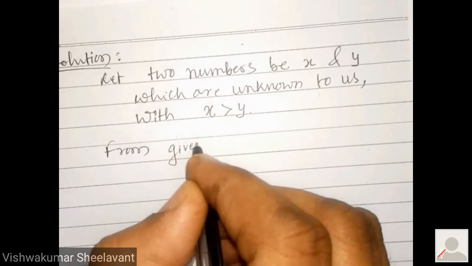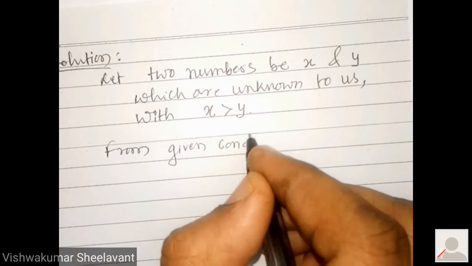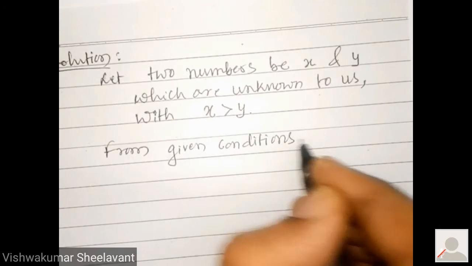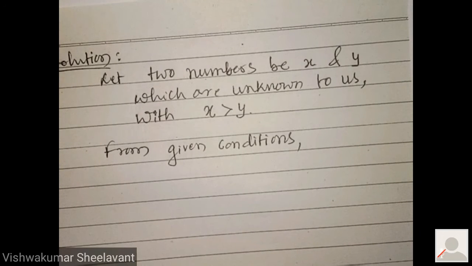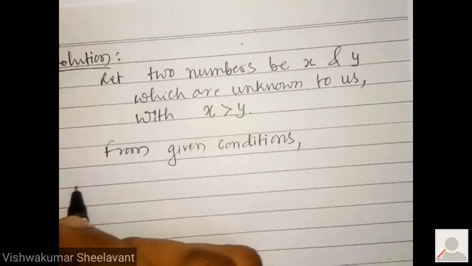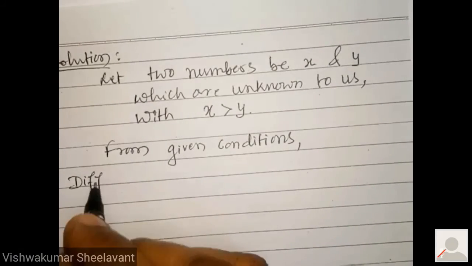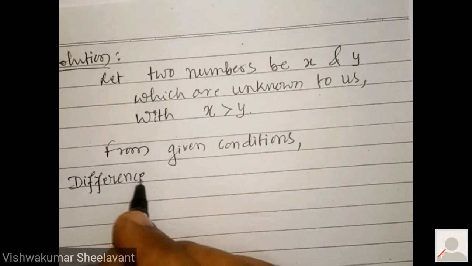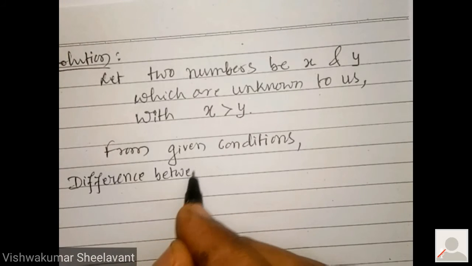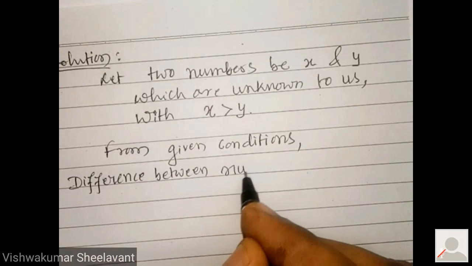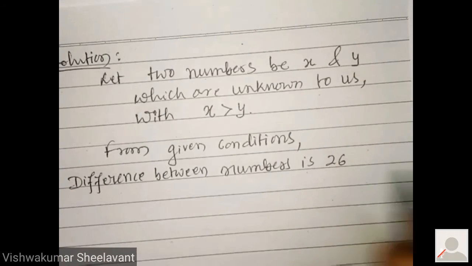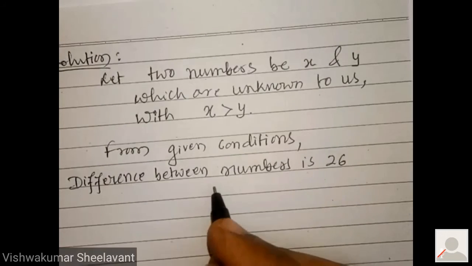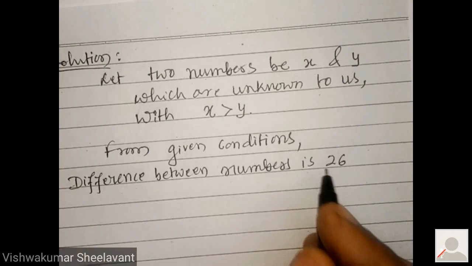From given conditions, what are given conditions? Difference between the numbers is 26. That means big number minus small number is 26.